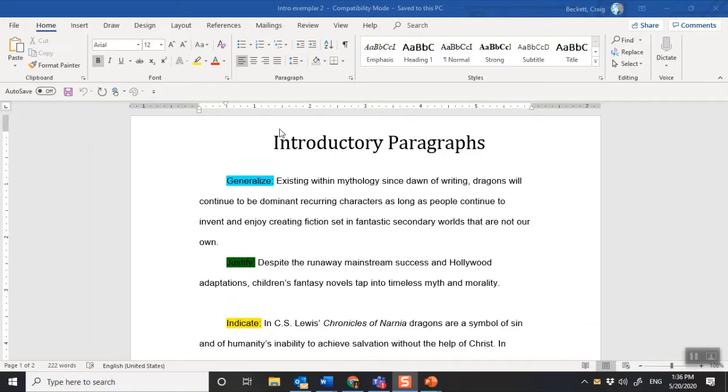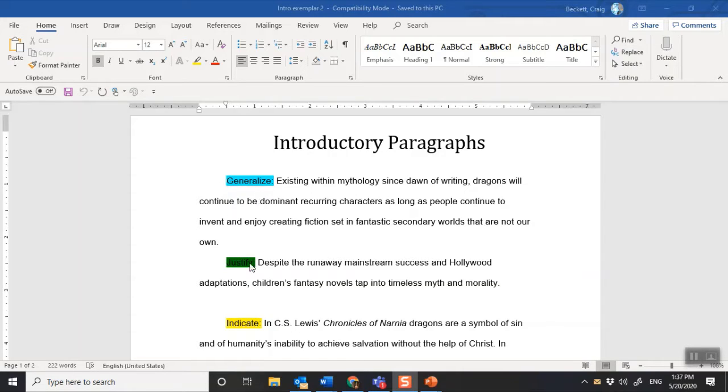So the first one, generalize: starting wide, starting with the topic. Existing within mythology since the dawn of writing, dragons will continue to be dominant recurring characters as long as people continue to invent and enjoy creating fiction set in fantastic secondary worlds that are not our own. So there's the first part, generalizing.